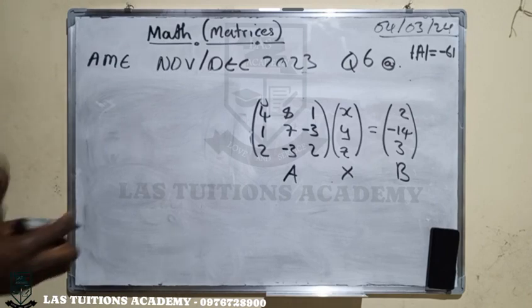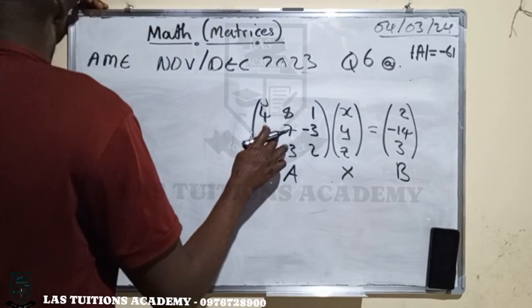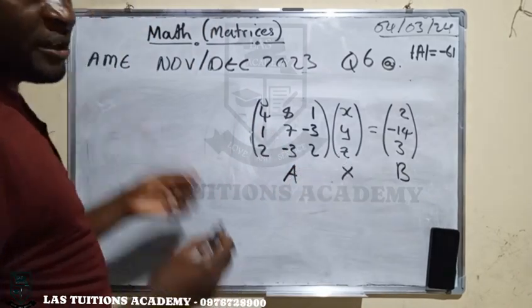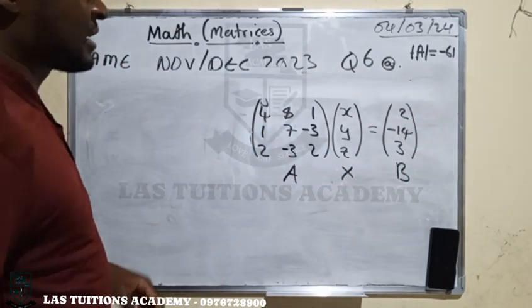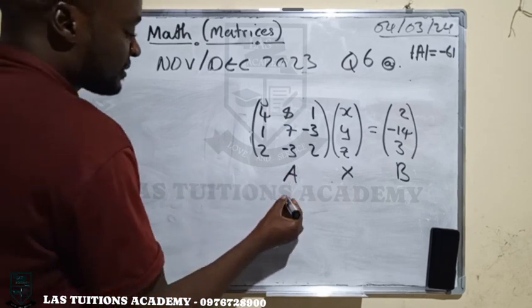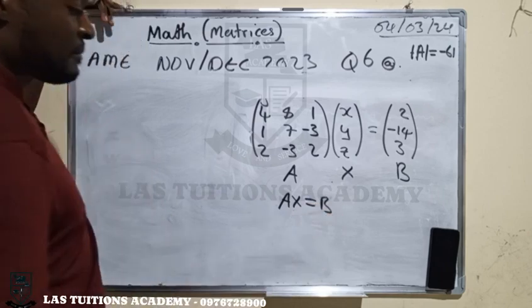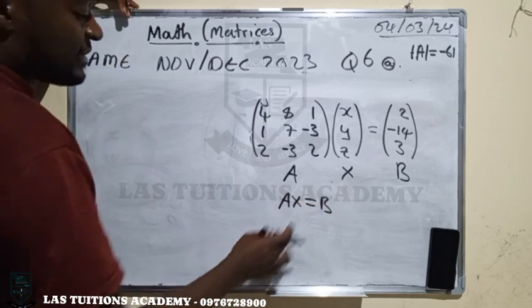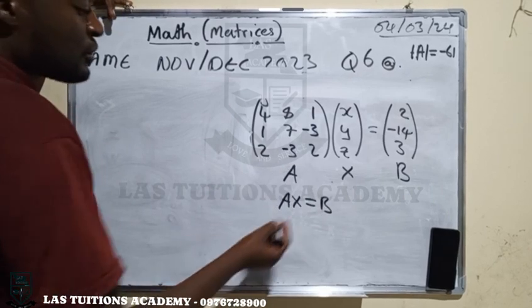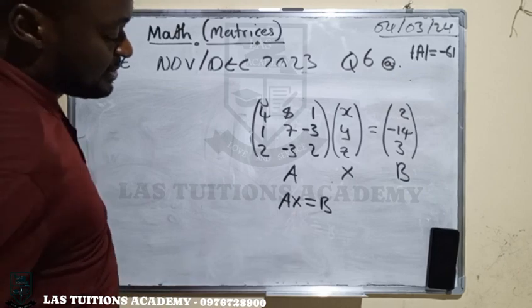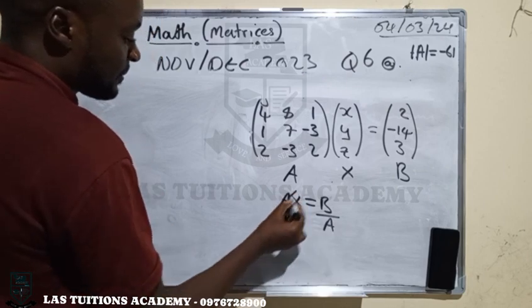So now if we write this as an equation, this is matrix A. This is the matrix of the variables x, y, and z. This is matrix B, which is the answer there. So if we were to write this as an equation, it's going to be AX is equal to B. We are just trying to come up with a formula here. There's nothing that should confuse you. If we want to make x the subject of the formula, we can divide by A here, divide by A here. So that cancels.